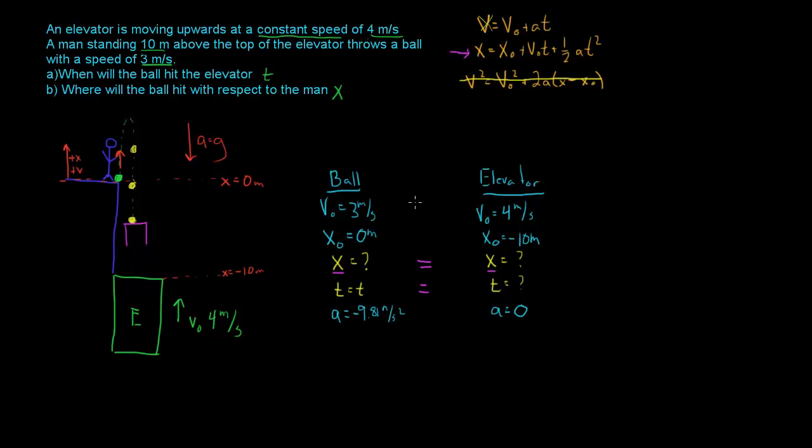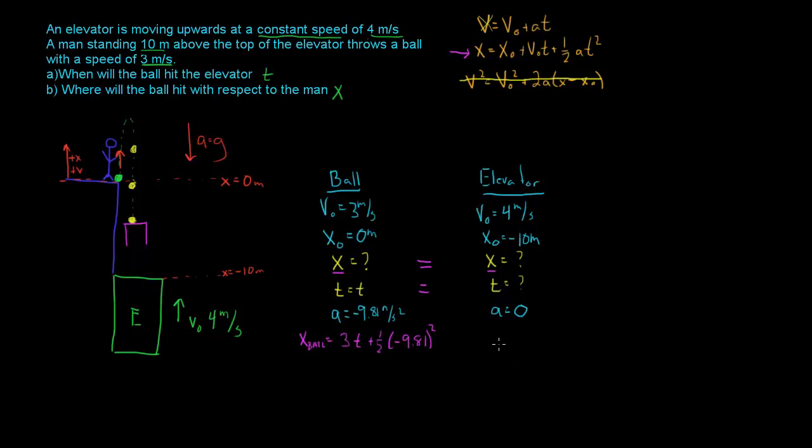We're going to have this equation twice, one for the ball and one for the elevator. So the x of the ball is equal to an initial position, which is 0, plus an initial velocity, 3 times time, which we don't know, plus 1/2 times minus 9.81, which is our acceleration, times time squared.